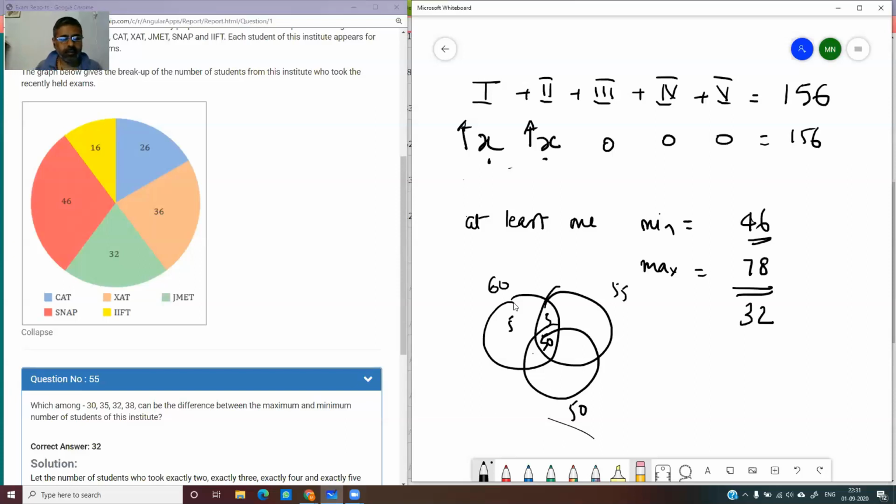Because 46 people wrote Snap. Can one person write not twice? No. Which means 46 people should have been there at least. Yeah, correct. So this as a Venn diagram, you understood this picture? Yes, sir. The maximum can be anything, but the minimum definitely cannot go below the largest value.